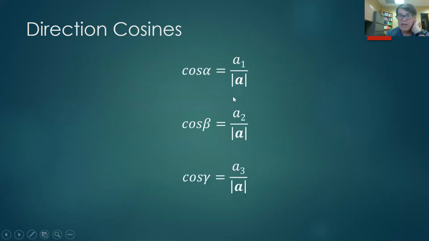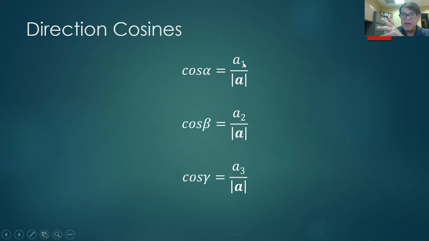So basically, the A1 component divided by the vector is going to be the cosine of alpha, and then the A2 component divided by the overall vector is going to be the cosine of beta, and then the third component divided by the overall vector is going to give you the cosine of gamma.